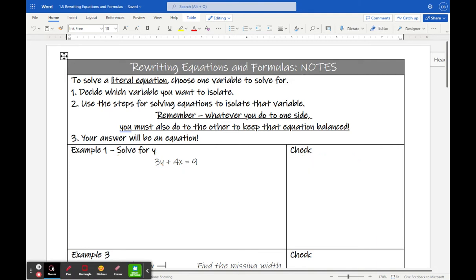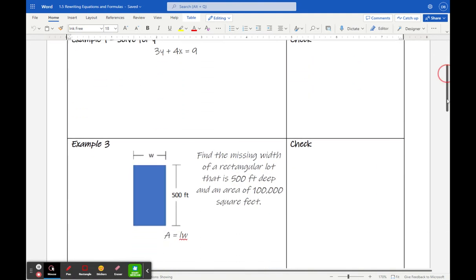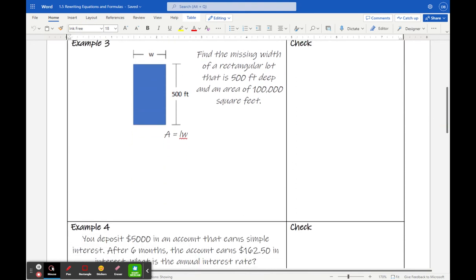All right, sometimes it's going to look like a formula. Well, we know that area is length times width, but sometimes we're not given the length and width to find the area. In this case, I'm missing the width. So I need to solve for W, divide by length. So width equals area divided by length.